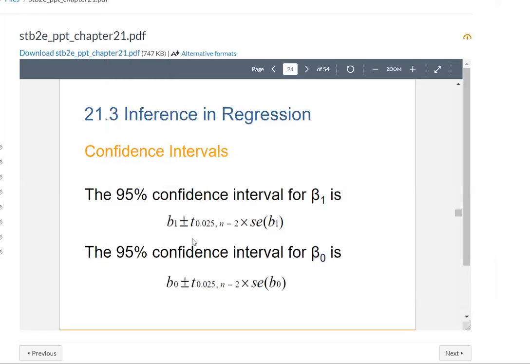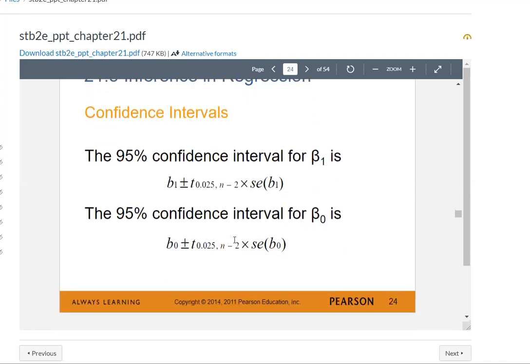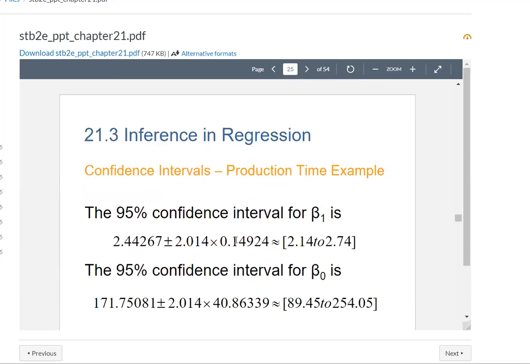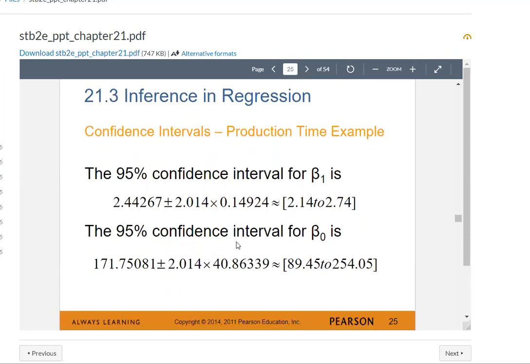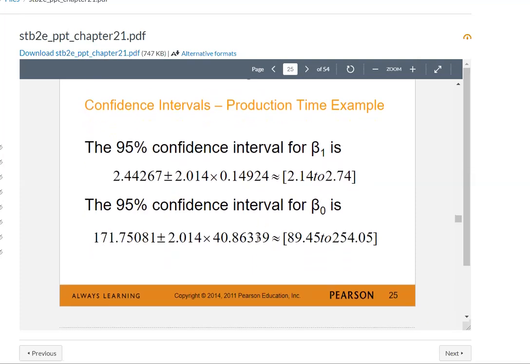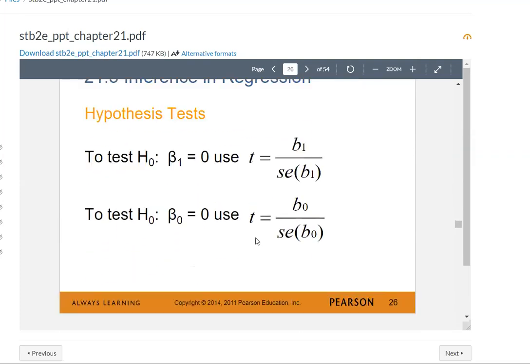So you don't actually need those formulas. You just right click on the parameter estimate results, find columns, and click on upper and lower 95%. Okay, so that would be the interval we found.